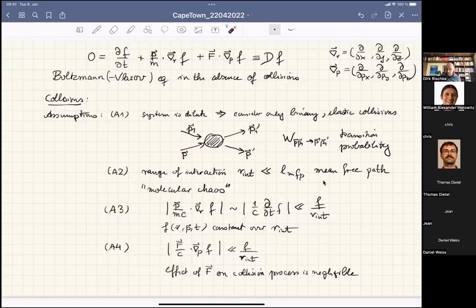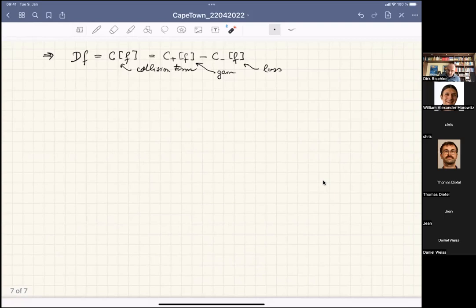You would lose particles due to this particular collision process. The particle no longer has momentum p. After the collision, it has momentum p prime, or maybe p1 prime if you cannot distinguish these particles. But they don't have momentum p. It's a different momentum. So it's a depletion of particles in that little phase space volume element, which is located at R and P. Yes, understood, thanks. Very good. So this is the loss.